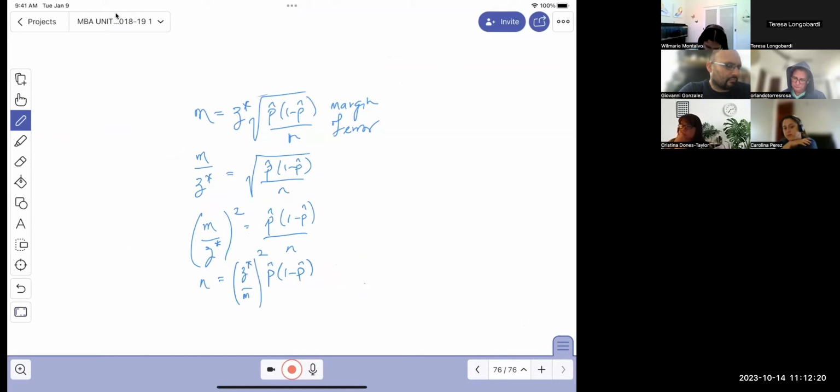So this means that the sample size you need depends on the level of confidence. The higher the level of confidence, the larger the sample size you need.